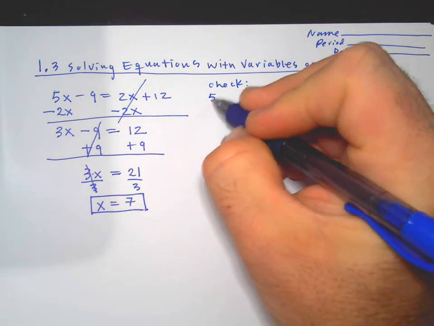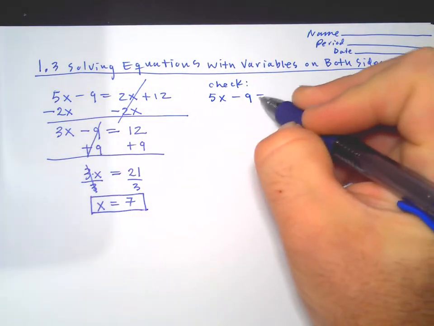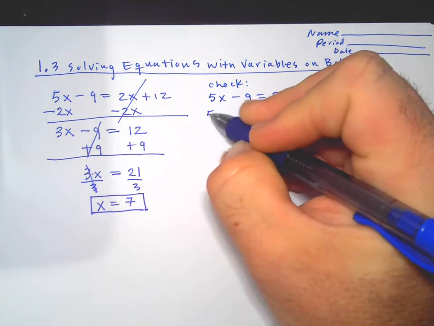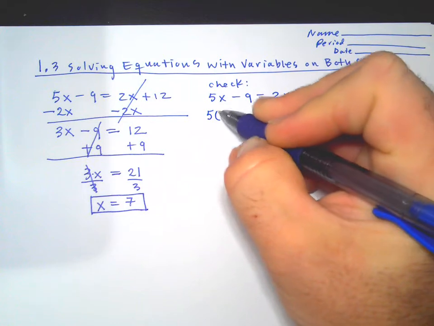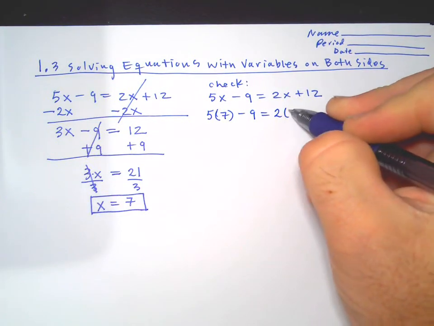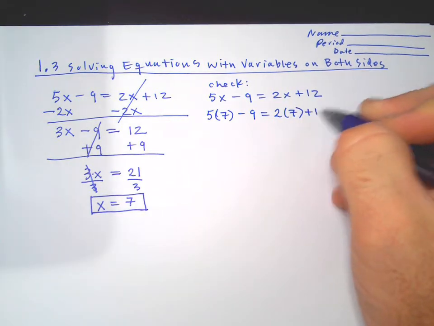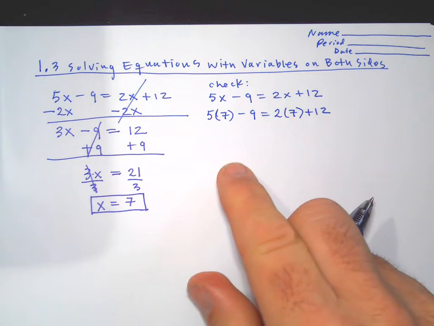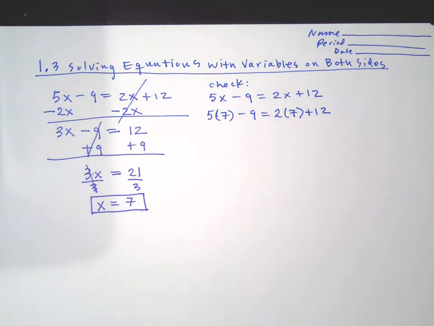So I'm going to just write the original equation here real quick. And we're going to plug it in for the x's. Now, whenever I plug values in, or kind of anything into another equation, I put in parentheses. Otherwise, if I didn't, it looked like 57 instead of 5 times 7. And I think that's just an easy thing.